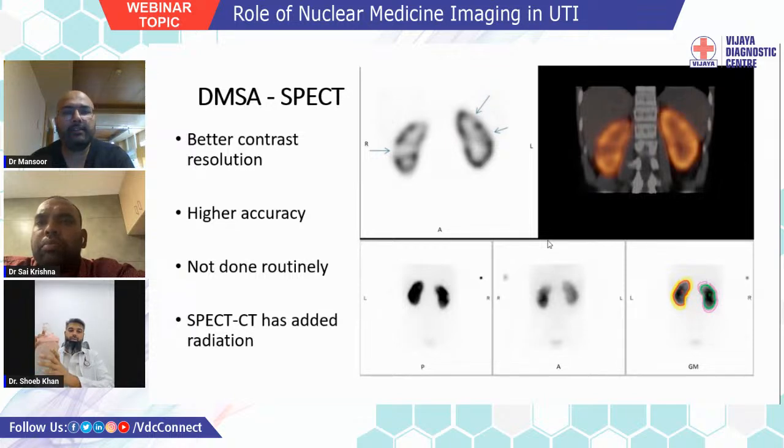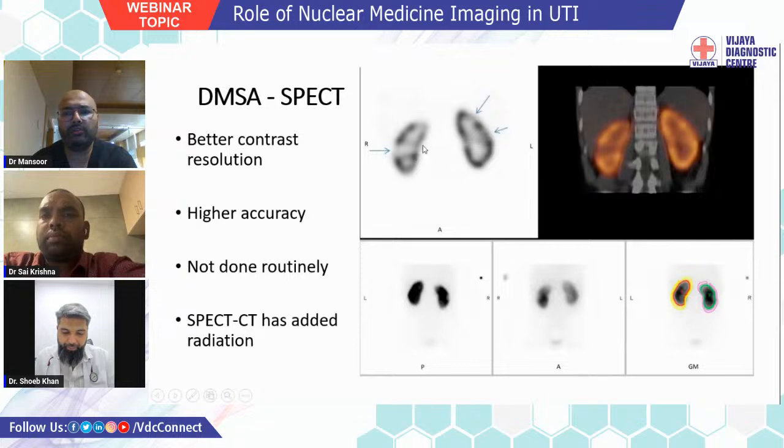And this is an example of a DMSA SPECT, and it improves the accuracy of detecting cortical scars. It is more useful in adults because if you do a SPECT CT, you can differentiate a cortical scar from a cortical cyst, but that would give added radiation.